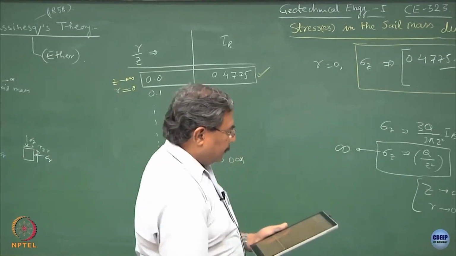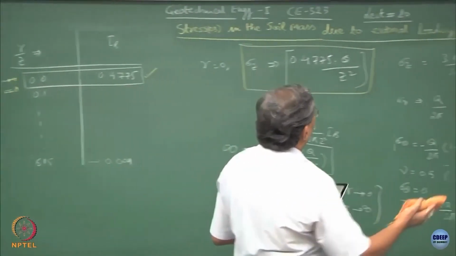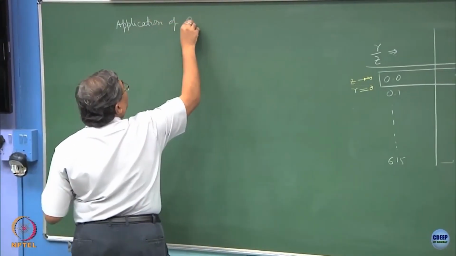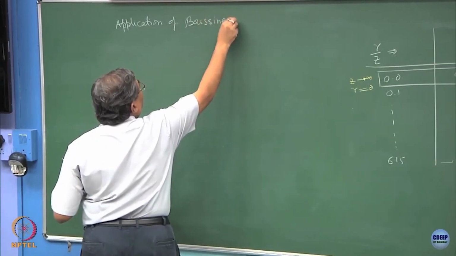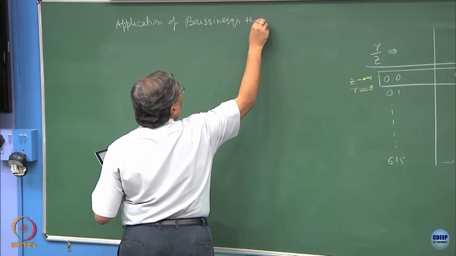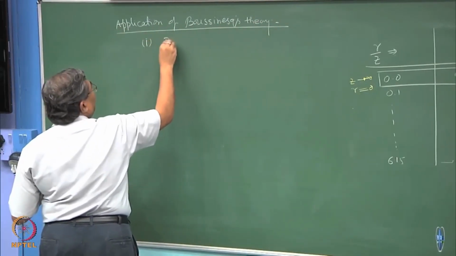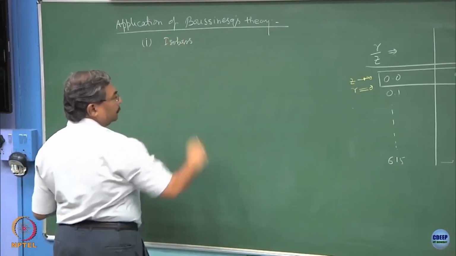Now, what I want to do is use the Boussinesq's theorem or Boussinesq's relationship for developing three things. The first thing which I want to develop is the isobars for the point load.